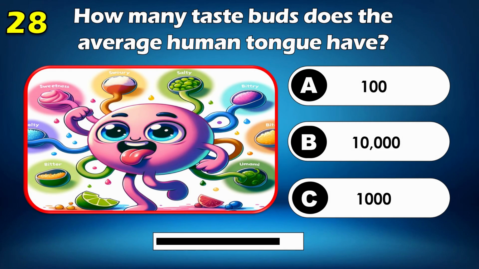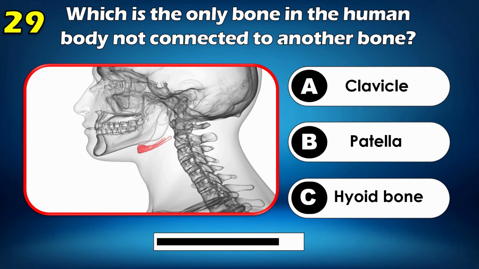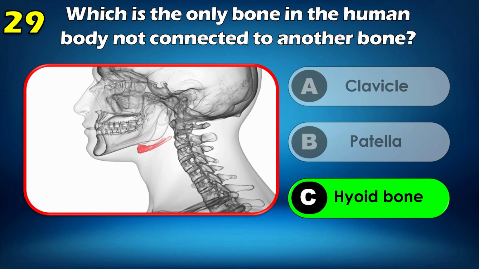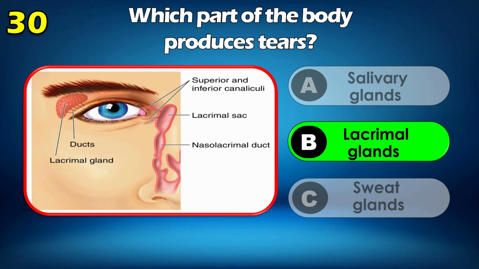How many taste buds does the average human tongue have? 10,000. Which is the only bone in the human body not connected to another bone? Hyoid bone. Which part of the body produces tears? Lacrimal glands.